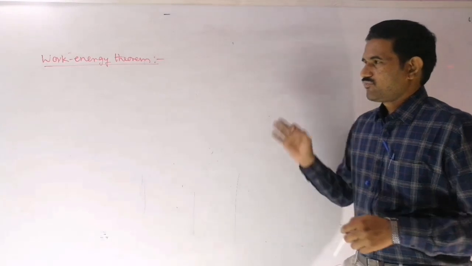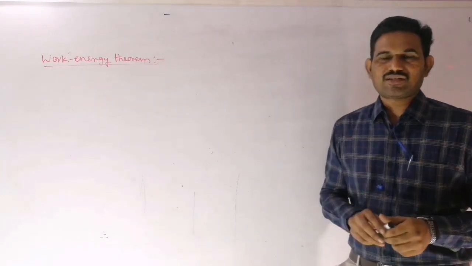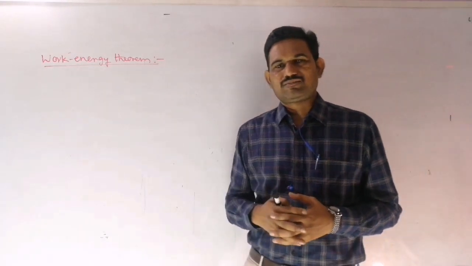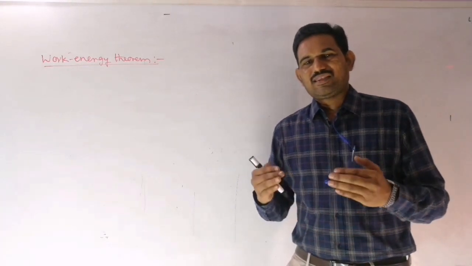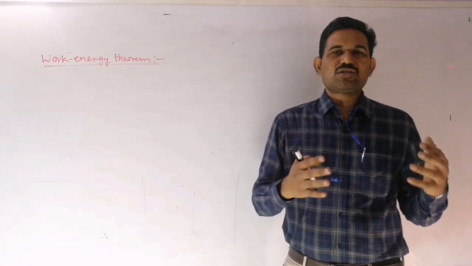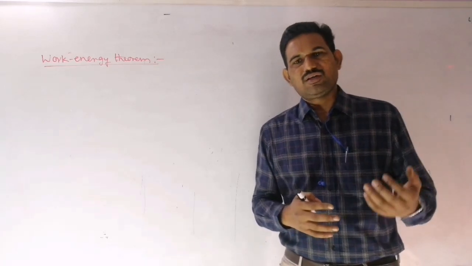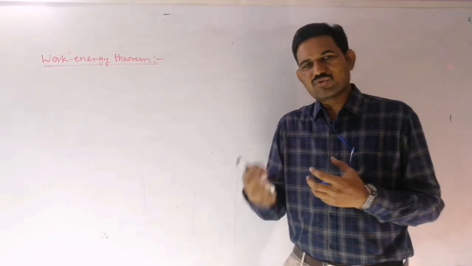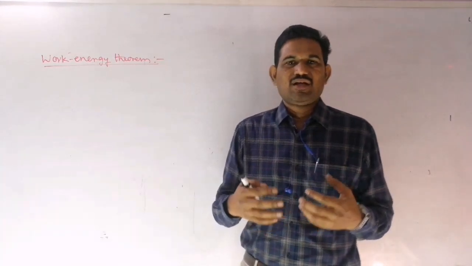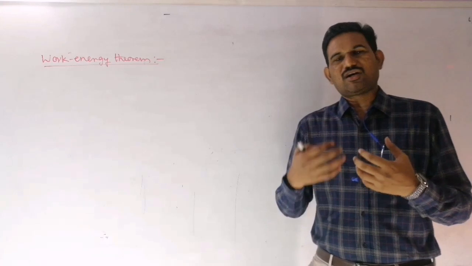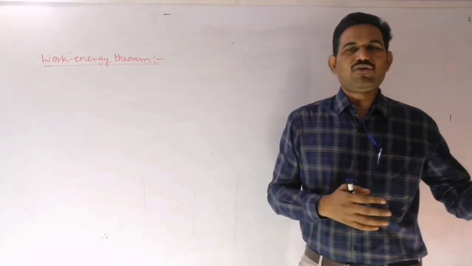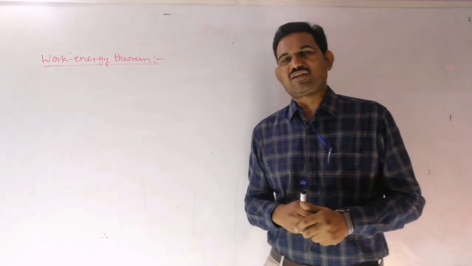First of all, this work energy theorem says that if a large number of forces are acting on this object, then the sum of work done by all those forces is equal to the change in kinetic energy of this object. Even if one or more forces are acting, the sum of work done by all those forces is equal to the change in kinetic energy.